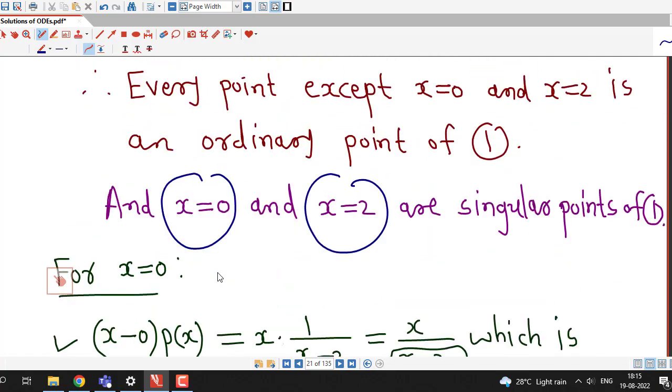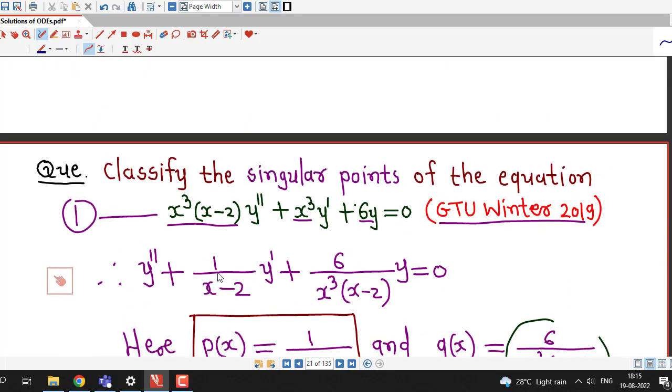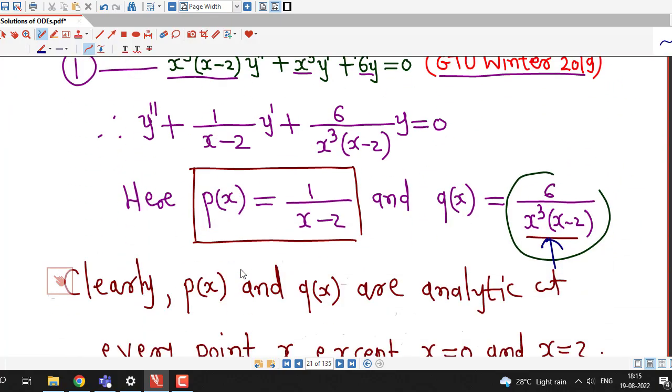To decide the singular points, first we have to find the points at which either p(x) or q(x) is not analytic. Here p(x) is not analytic at x equal to 2, therefore x equal to 2 is a singular point. Similarly q(x) is not analytic at x equal to 0 as well as x equal to 2, therefore x equal to 0 and 2 are singular points.